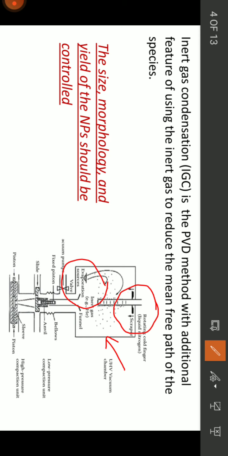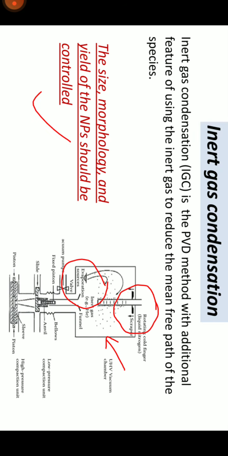They are collected via a funnel and transported to an in situ compaction device, or coated with a surfactant agent at the last to prevent their agglomeration. The scraping and condensation of particles are carried out in high vacuum to prevent the oxidation of the metallic nanoparticles. Now it is very important for us to control the size and morphologies, and the yield of the nanoparticles has to be controlled.